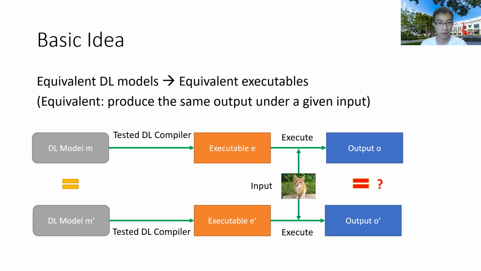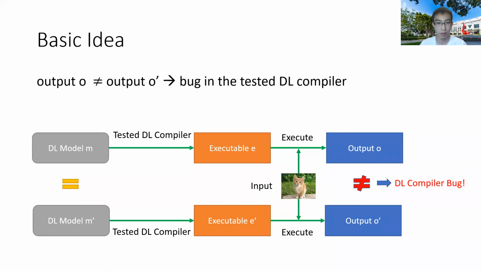We compile M and M prime with the deep learning compiler that we want to test, and get two executables, E and E prime. We execute the two executables with the same input and observe outputs O and O prime respectively. Then we check whether O equals O prime. If O does not equal O prime, then there is a bug in the tested deep learning compiler.